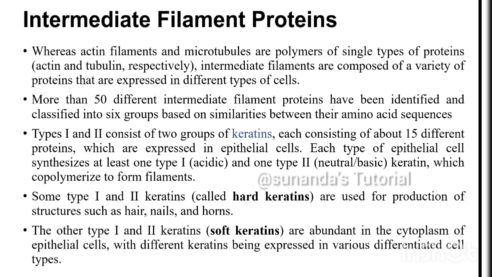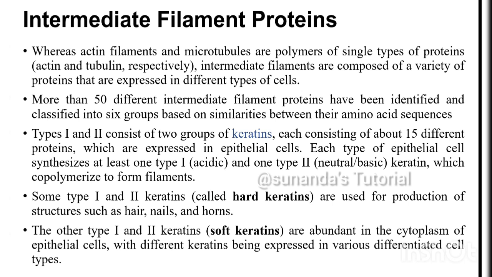More than 50 different types of intermediate filament proteins have been identified and classified into 6 major groups based on the similarities between their amino acid sequences.